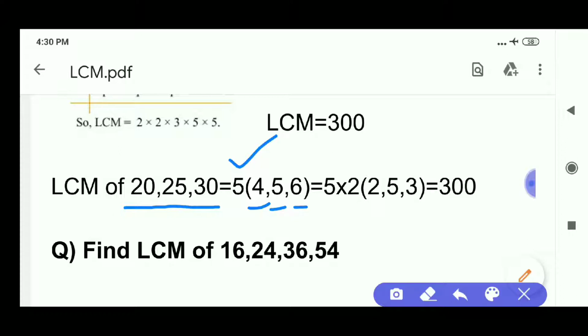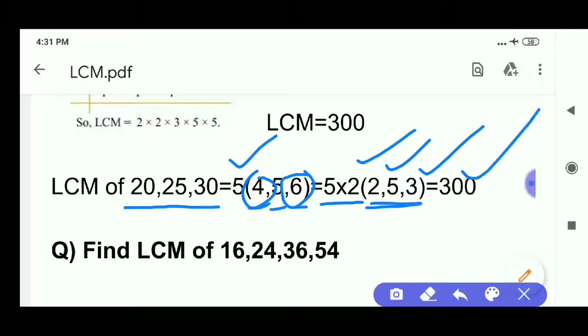In this, 4 and 6 are divisible by 2. So we can write it as 5 into 2 into (2, 5, 3). Copy 5 as it is. Now here all are prime numbers. Simply multiply. Its answer is 300.